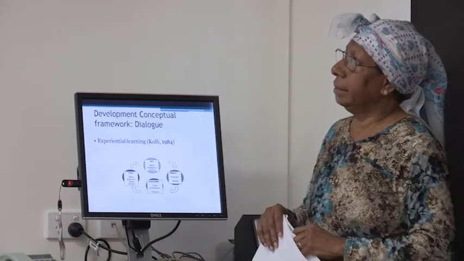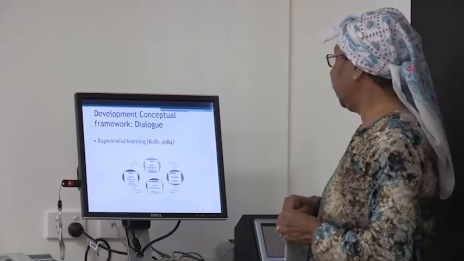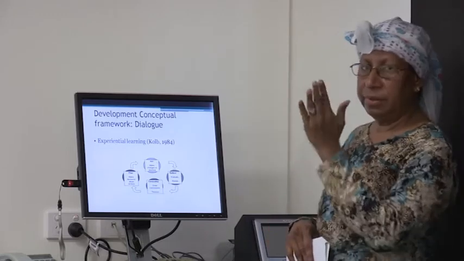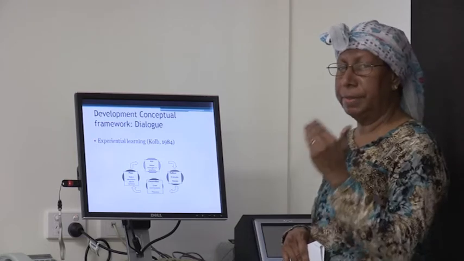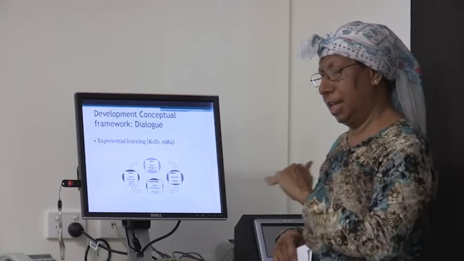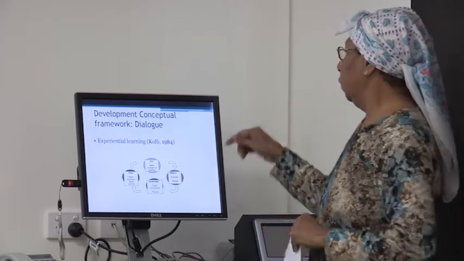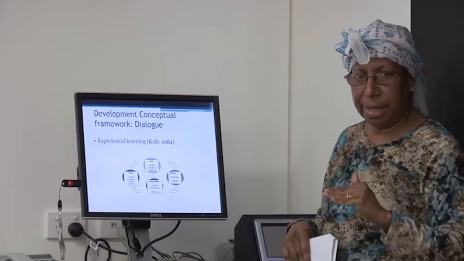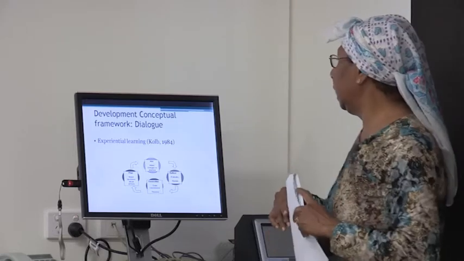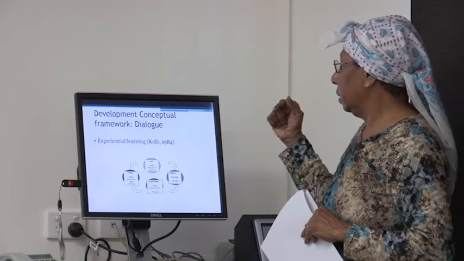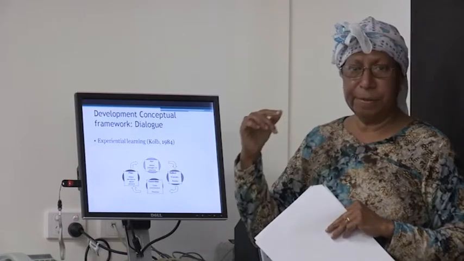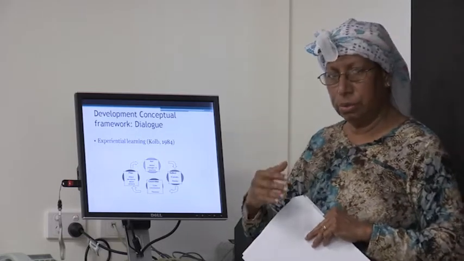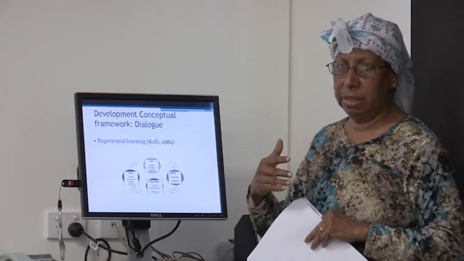So the guide is used from a development perspective. So now it's agricultural knowledge system. I'm now looking through the next sub window of development. How does this apply to development? So I'm looking at dialogue, using participatory video to create dialogue.